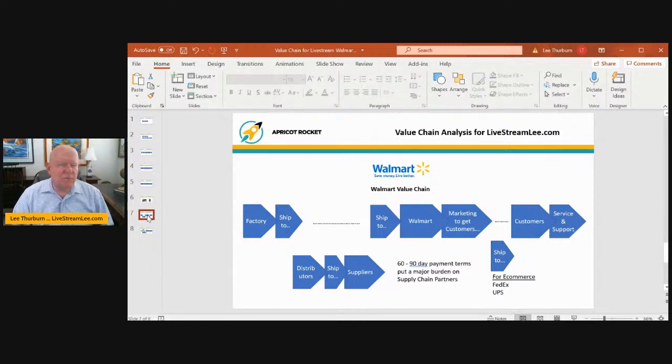It'll often start off in the 30 to 60-day range, but it usually ends up, as you grow your relationship with Walmart, that one of the requirements is that you end up loaning Walmart your products for anywhere between 60 and 90 days. So your payment terms gradually get pushed out, which of course effectively means that the vendors are in large part paying for or financing the inventory carrying costs that Walmart has.